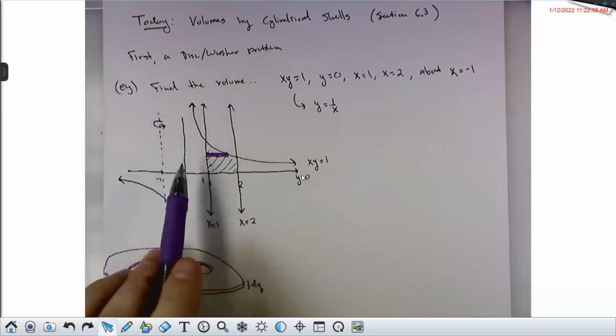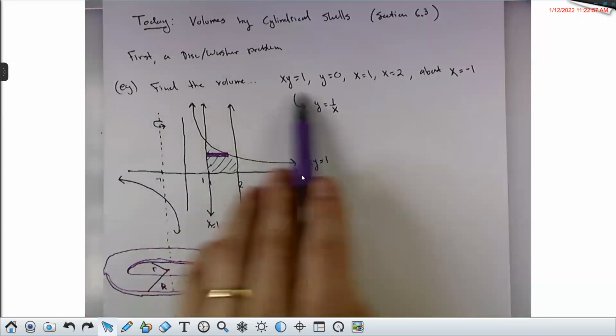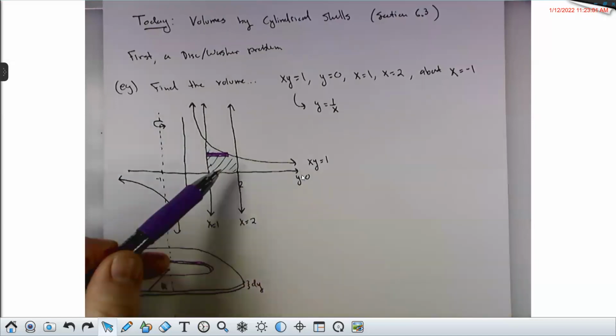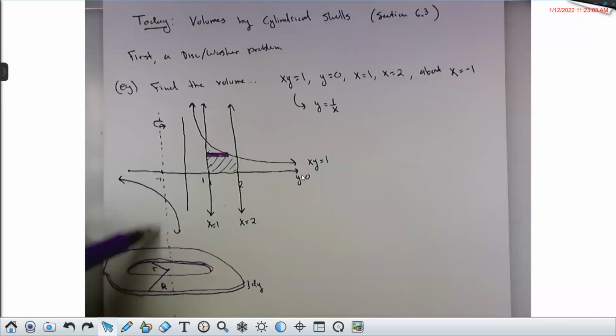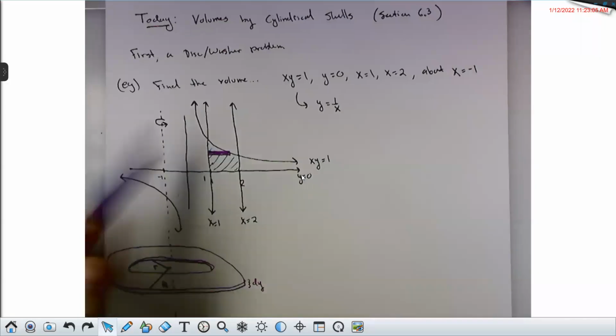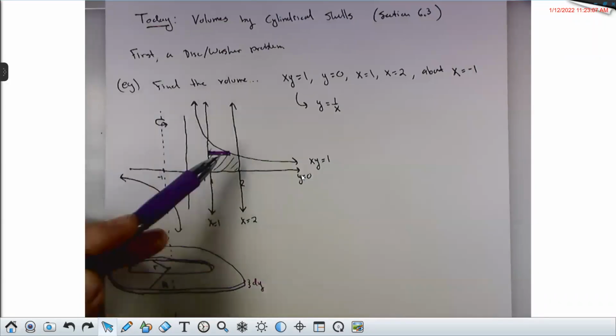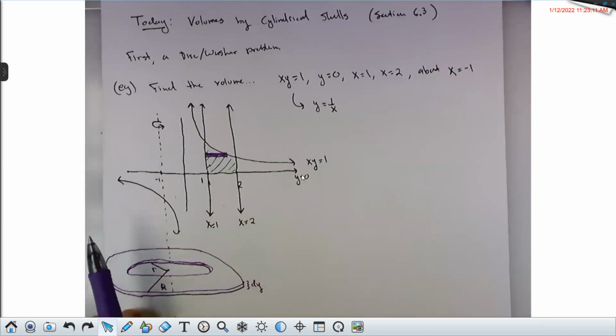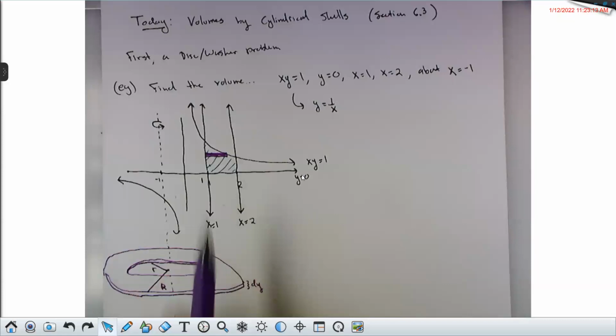So first, just graph everything they give you. Then identify your region, shade your region. Then draw in your axis of rotation. Then for the disk washer method, you will draw your little strip perpendicular to the axis of rotation. Imagine rotating just that strip, you get this washer shape.